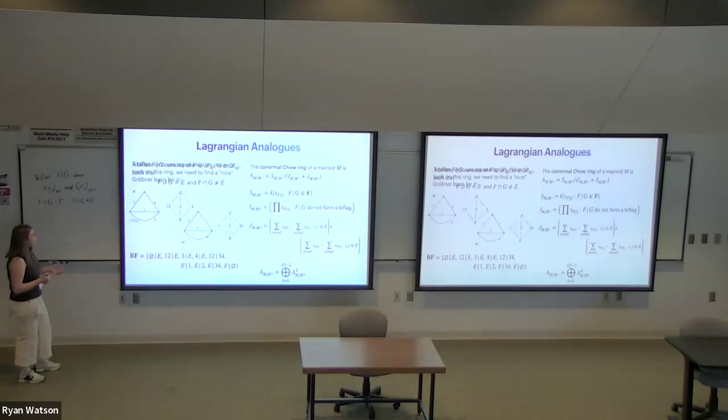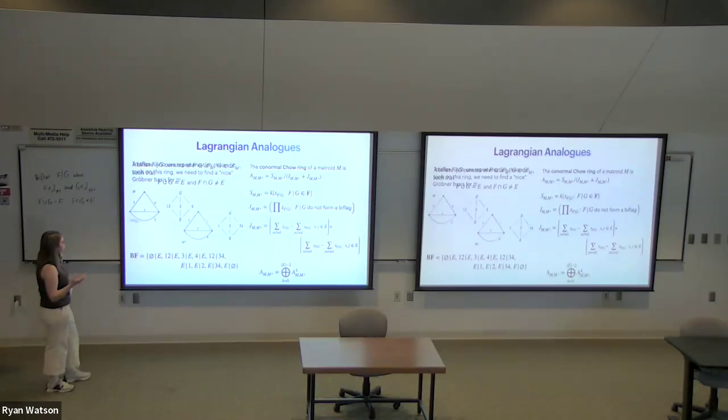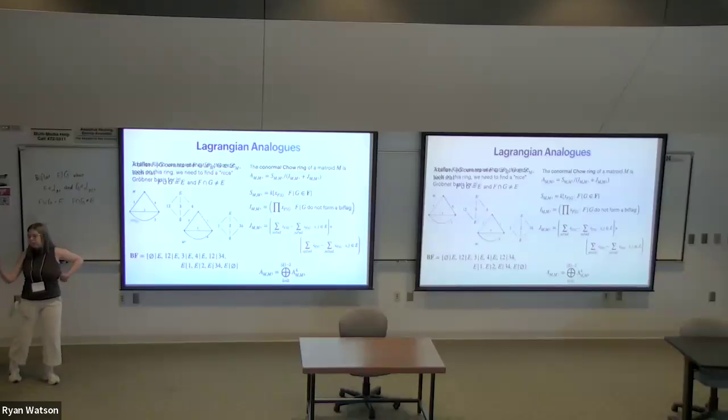That'd be awesome. But to do that, I need to find a nice Gröbner basis. We were able to do all of this stuff because we have this Gröbner basis that is closed under the action of the automorphism group. And that Gröbner basis allowed us to have these nice standard monomials. I was working with the monomials, and I could only get to them because of this Gröbner basis.